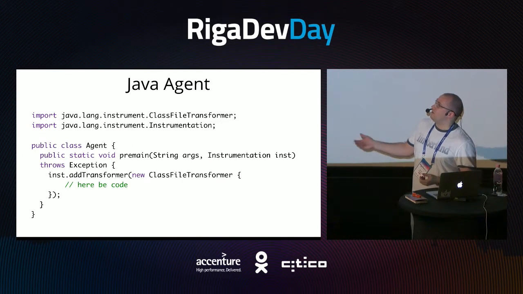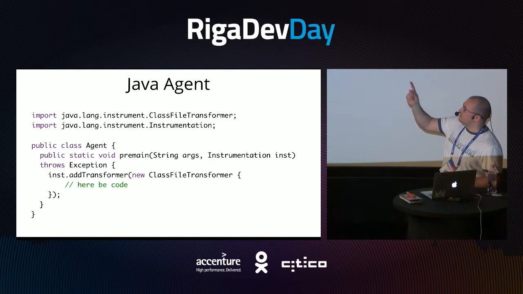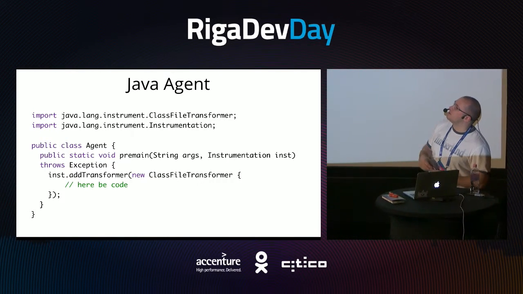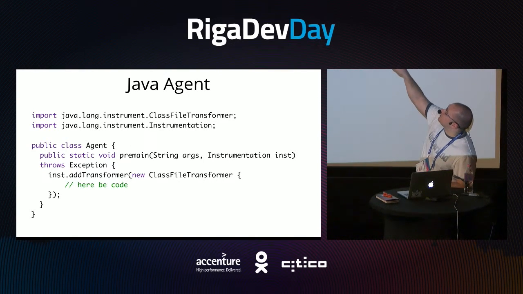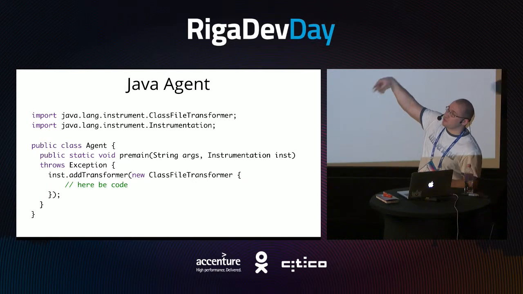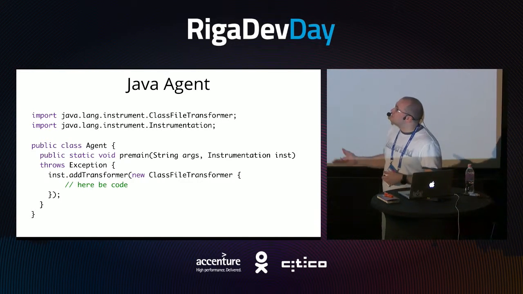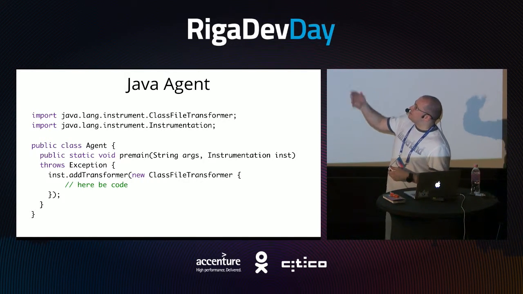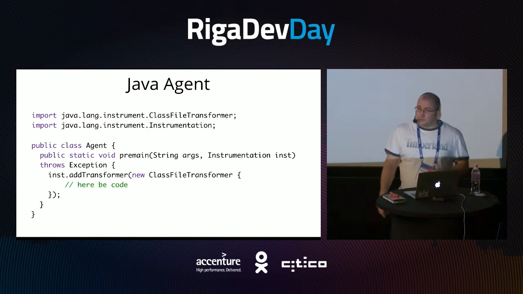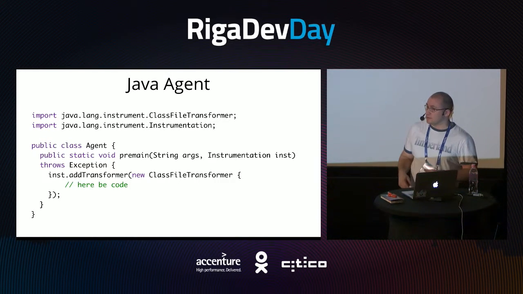That's it. It's just a convention that there is a premain method, it takes those arguments, and an instrumentation instance actually provided by the JVM. You don't implement the Instrumentation interface yourself. The only thing you have to do is to implement the class file transformer itself and add it to the instrumentation instance. That's it.